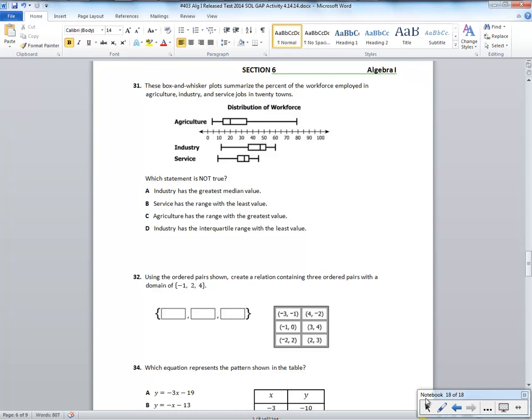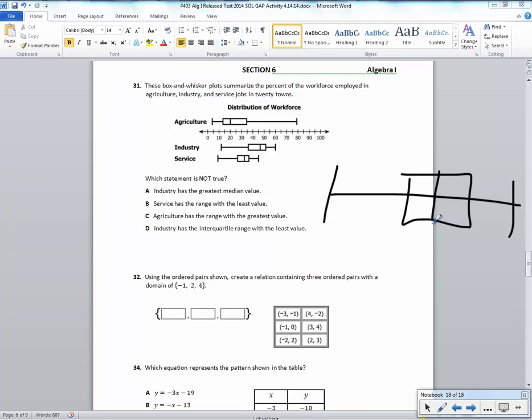Box and whisker. What we want to know is, for the standard box and whisker graph, we have the minimum, you have Q1, you have the median, you have Q3, and you have the maximum. That should help you with everything.